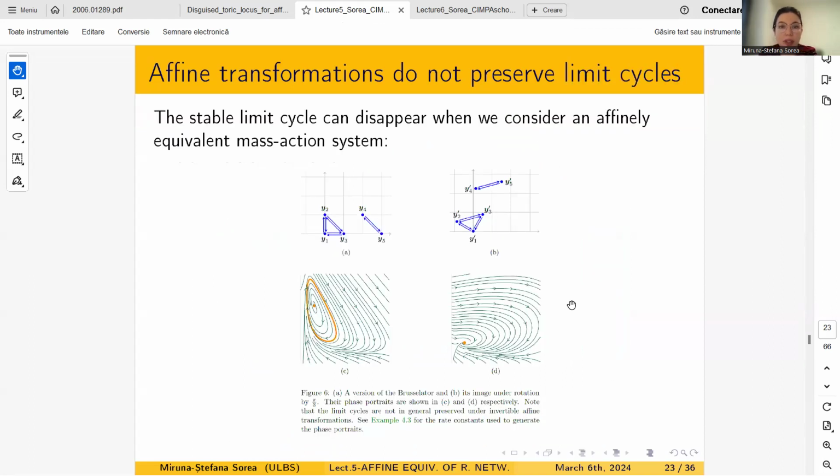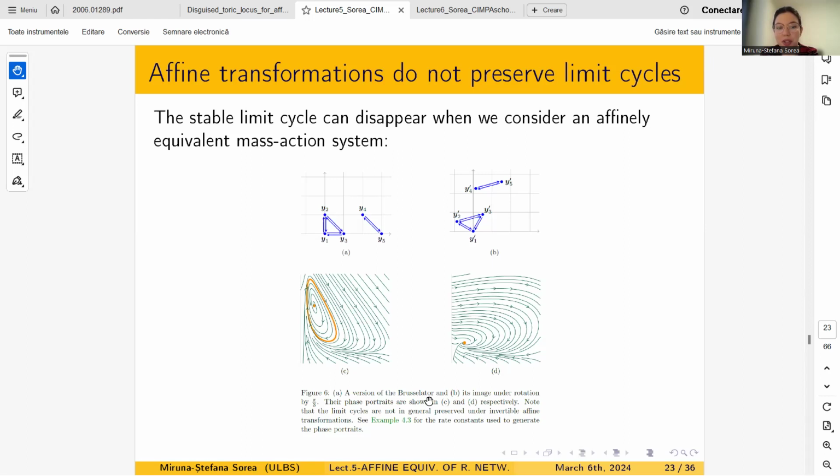Moreover, we also wondered what happened with the limit cycles, and here's another example. You can read more details in the paper. Starting with this network from A, we apply a rotation, just by 60 degrees. Actually, this network A has even a name. It's a version of the Brusselator.